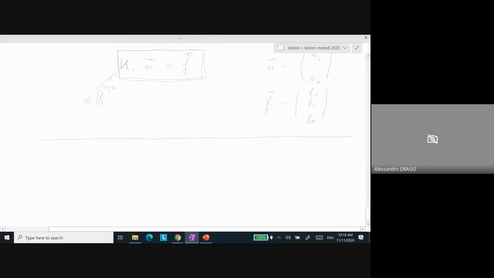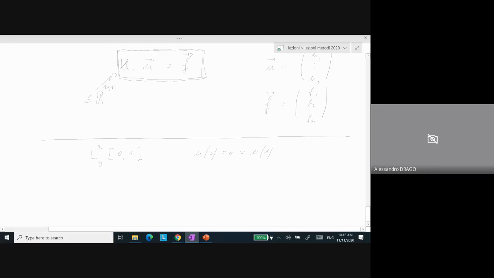Let's concentrate on a space which is L square of (0, 1). Let's put the famous D, meaning that I am considering only functions u which are vanishing at 0 and at 1.